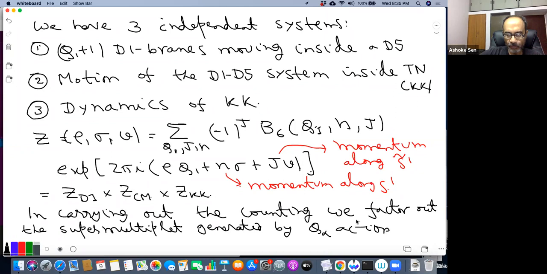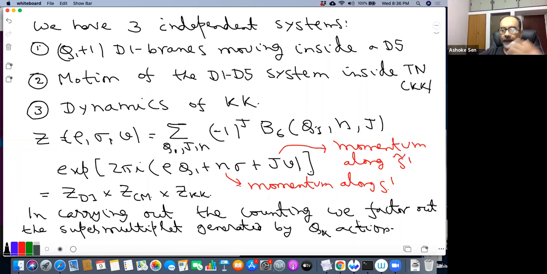You get this 2^6 dimensional multiplet, and these Q alphas for this system appear as some kind of fermion zero modes. And these 2^6 factors get absorbed in taking out the trace, so we'll not discuss those fermion zero modes anymore in this counting. So you will not see this 2^6 factor anymore because they have gone into this fermion zero mode trace.